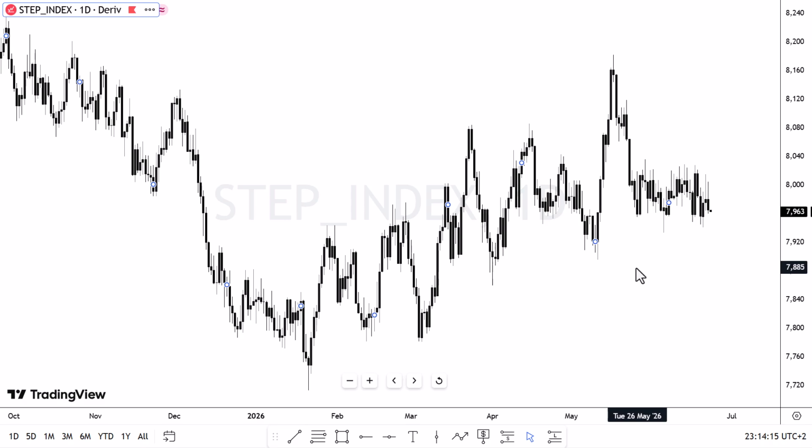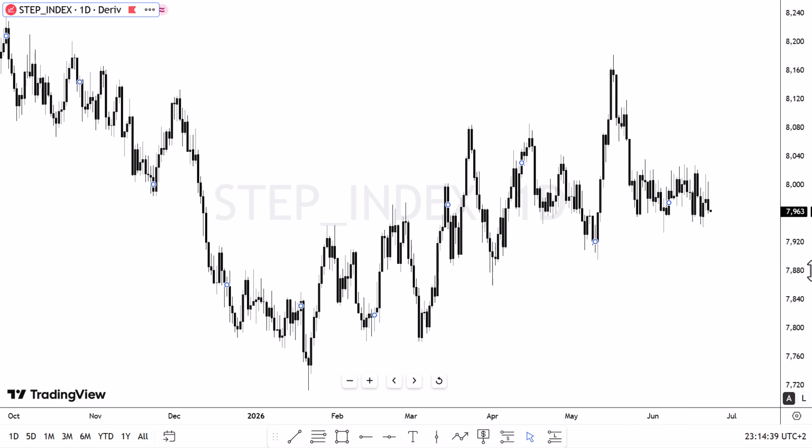But here on this platform, you can clearly see we are seeing price action way back from October 2025. So you get a lot of room for your charts. Okay, so that's what I like about this platform.